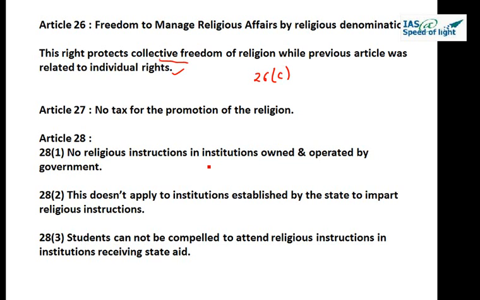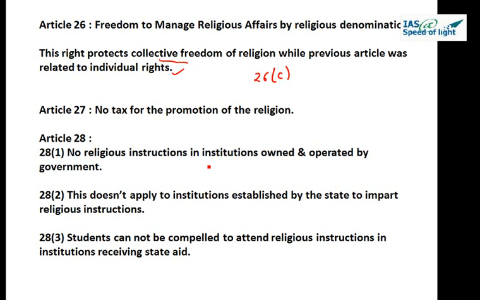Let's move to the article number 28 now, and it says freedom as to attendance at religious instruction or religious worship in certain educational institutes. So this is clear. Nobody can compel us to attend the religious instructions or religious worship of a particular religion in a certain educational institute.